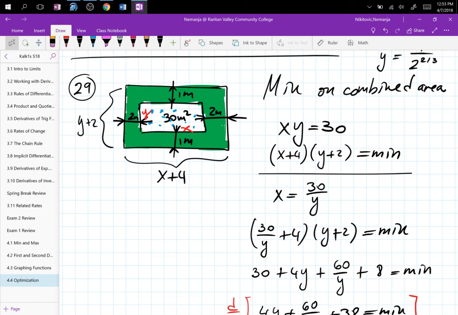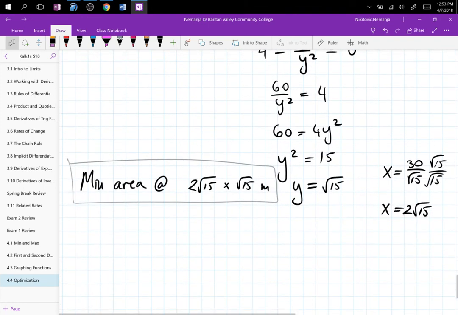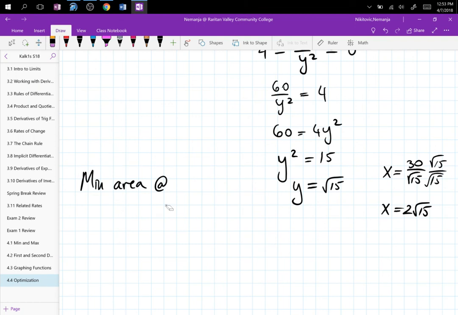No. Oh, you are right. This is so terribly wrong. You are right. I calculated the x and y for the inner. Yes, I have to add 2 and 4. Yes, mean area.